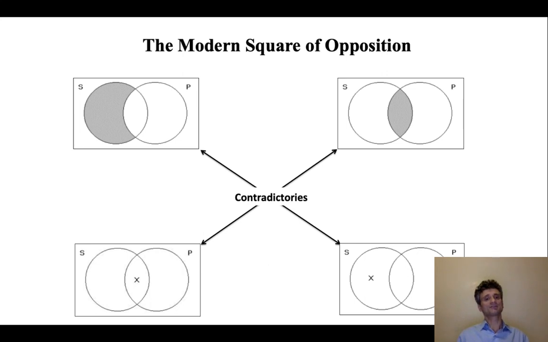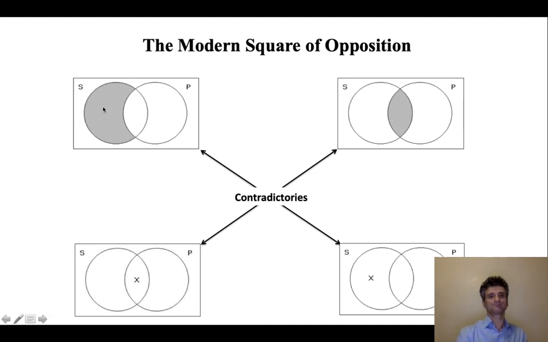And so we are left with the modern square of opposition, and we had to pay a price for the existential assumption. So no existential assumption, no contraries, no subcontraries, no superalternation, no subalternation. The only relationship that is preserved is the contradictory. And think about it.